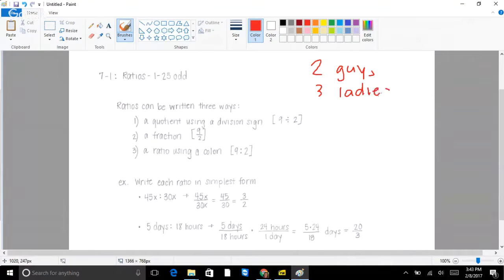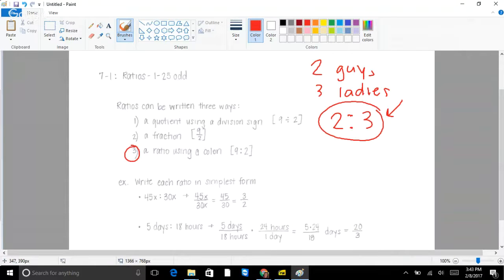So if I wanted to write a ratio of guys to girls, I would say that for every 2 guys in our class, we have 3 girls. It looks like the colon that you have on your clock. This would be the ratio of guys to girls. It's a common way that you see ratios written, using a colon.